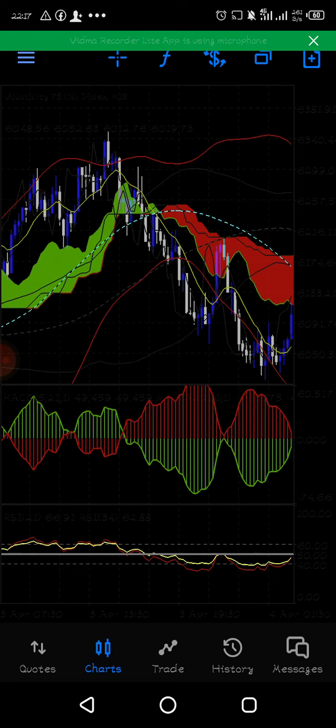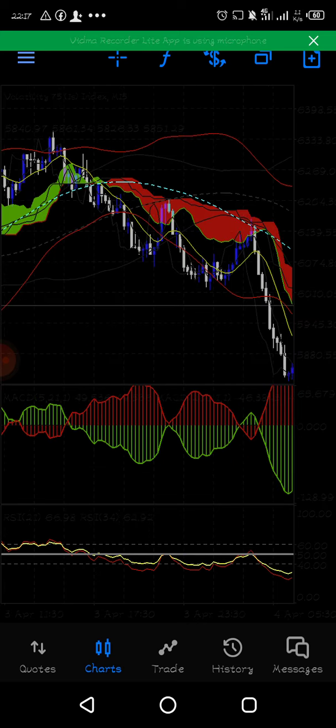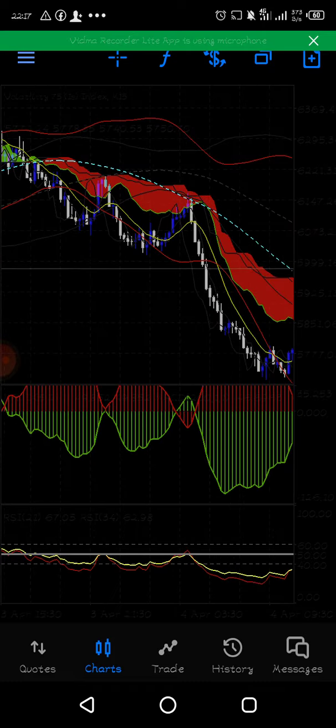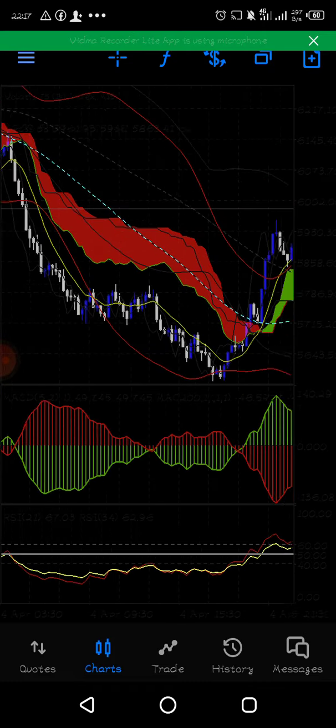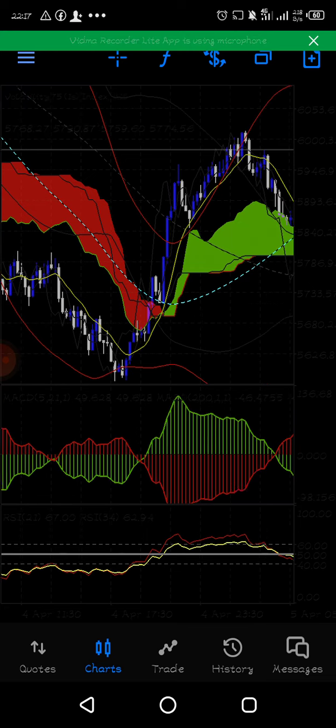And even before the cross, we have a sentiment indicator already showing us that sellers are in the market. Then from this point of view, we started looking for sales, and we took some sell trades to the downside here.